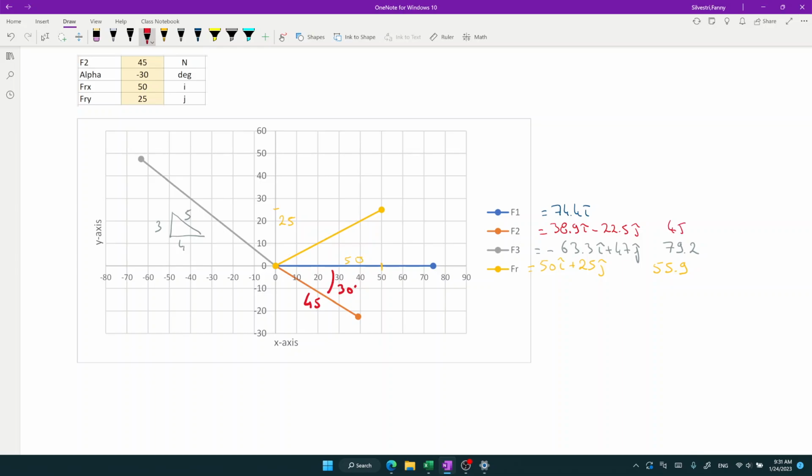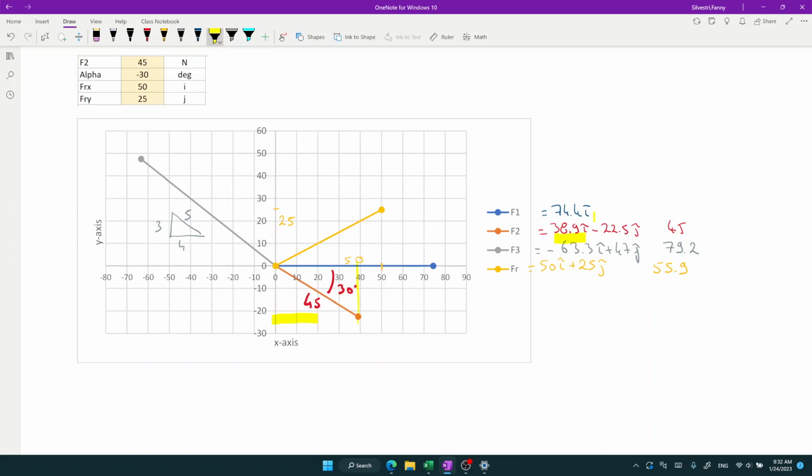First, you can check your i-hat and j-hat components. F1 is just on i-hat, correct. F2 is positive on i-hat, negative on j-hat, 38.9. You can check 38.9, that looks correct for the component. Minus 22.5, that looks correct.